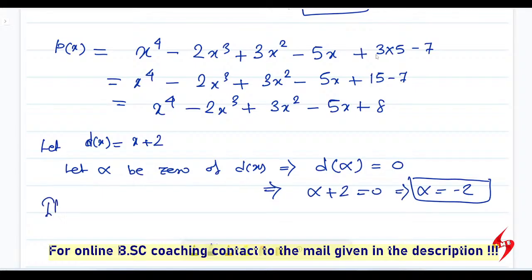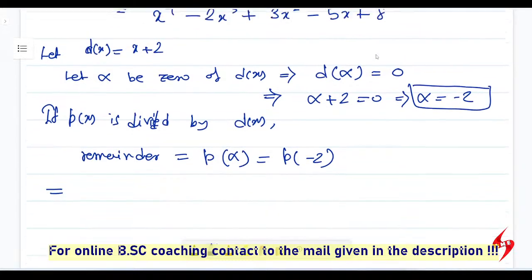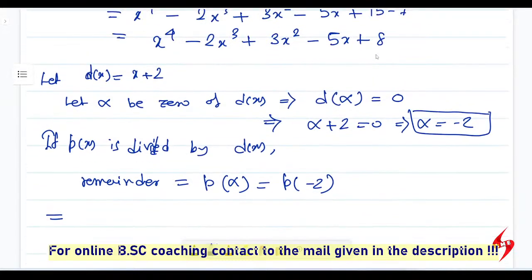And if p of x is divided by g of x, the remainder will be p of alpha, that is p of minus 2.